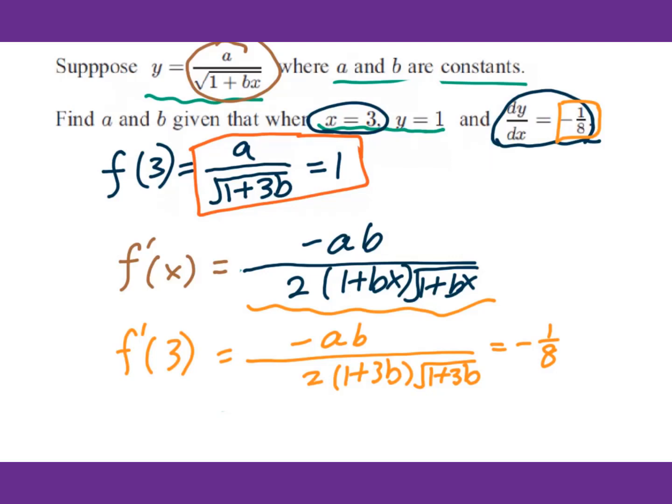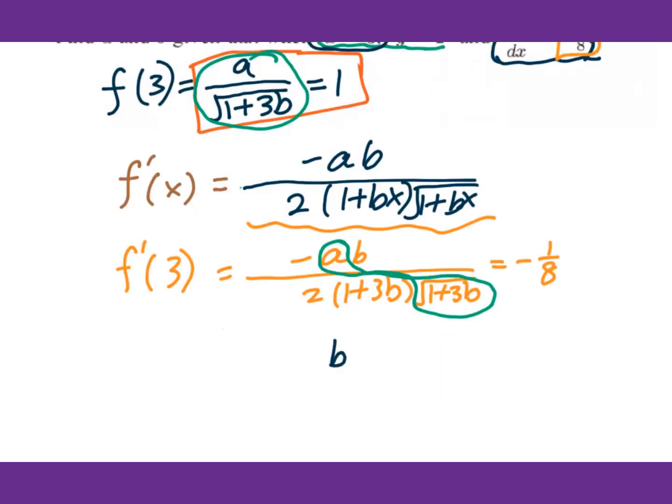Since a over square root of 1 plus 3b equals 1, you will get negative b over 2 times (1 plus 3b) equals negative 1 over 8.